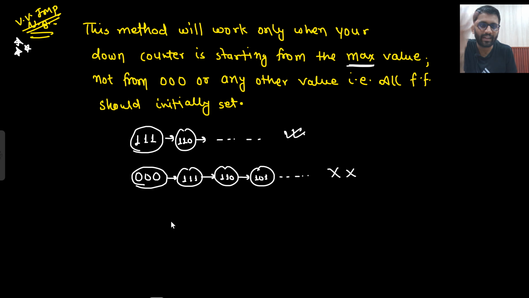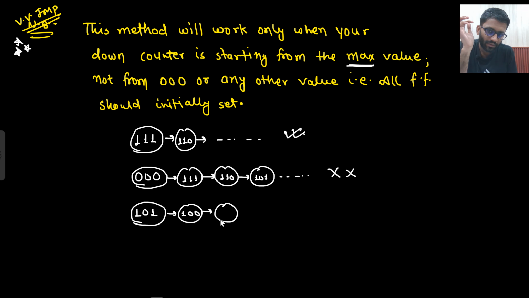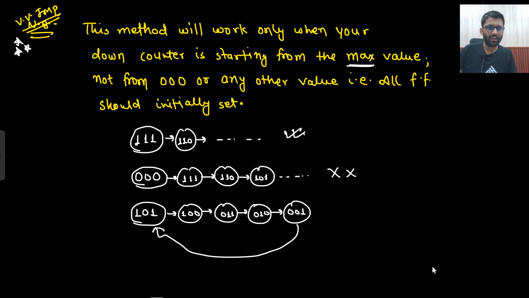Or pick any state, say 5. From 5 you go to 4, 3, 2, then 1, and then you come back. So this is also a mode 5 down counter.